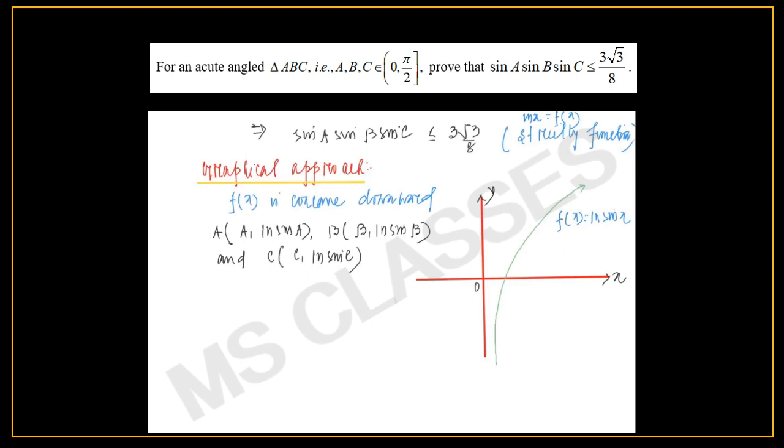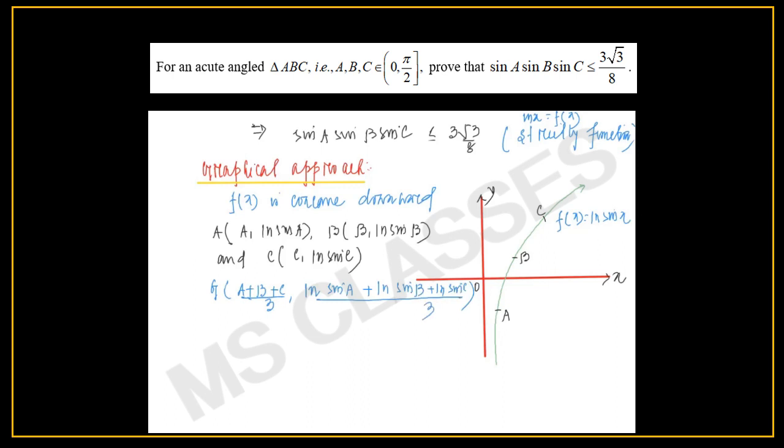After we take A, B, and C, we can form a triangle. If we form a triangle here, the center will be ((A+B+C)/3, (ln sin A + ln sin B + ln sin C)/3).